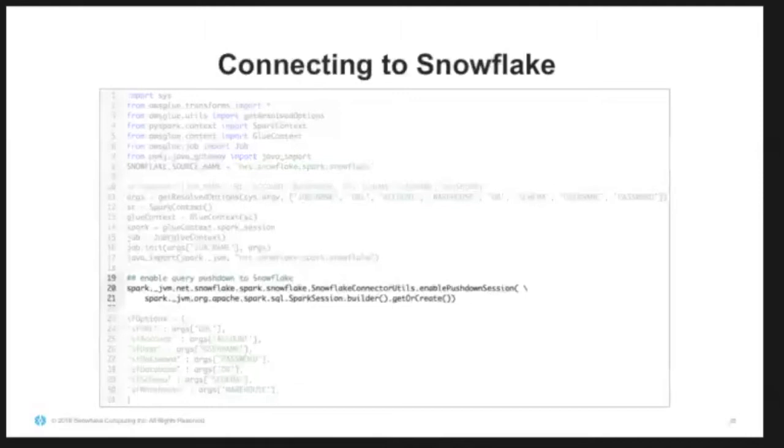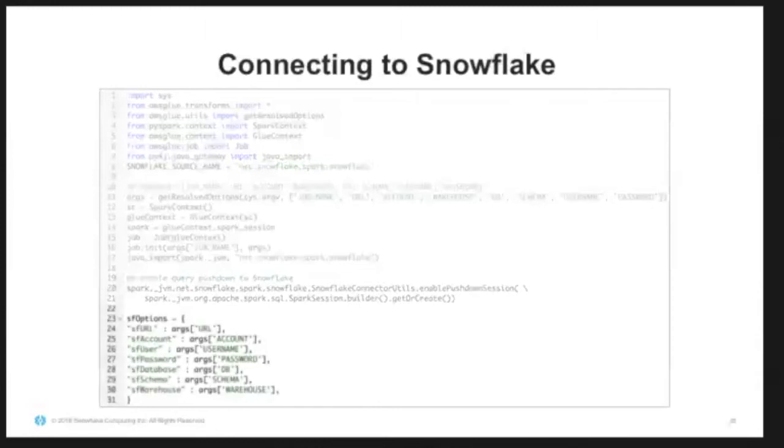We can just do it all in Snowflake with this push down capability. It's not unique to Snowflake; there are other connectors to Spark that do the same thing, but it's a very cool feature to have.